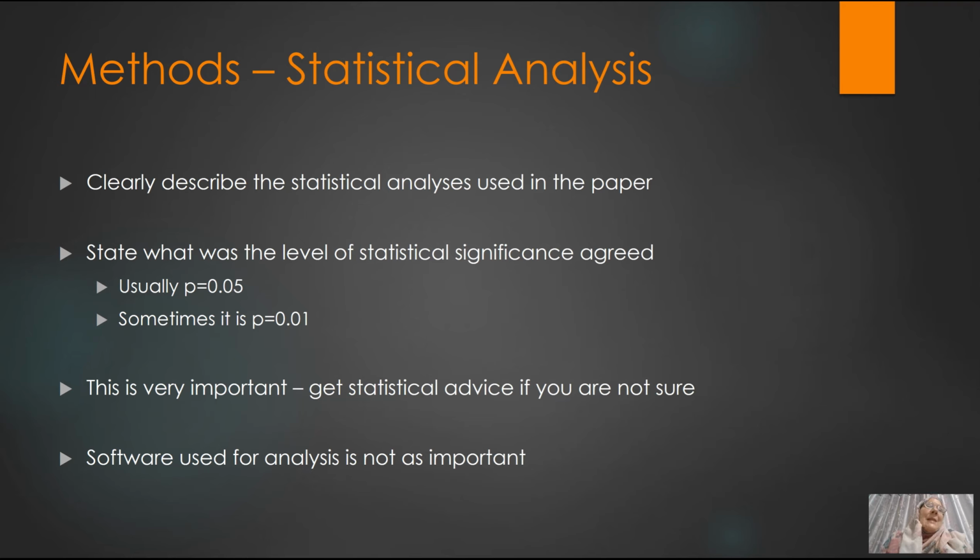And the same is true if you have p 0.01, it doesn't necessarily mean that you also have clinically significant findings. Although maybe the numbers are significant, in practice it's maybe not that significant. So you have to always describe your findings in this context, and you have to always give the level of statistical significance that was agreed.